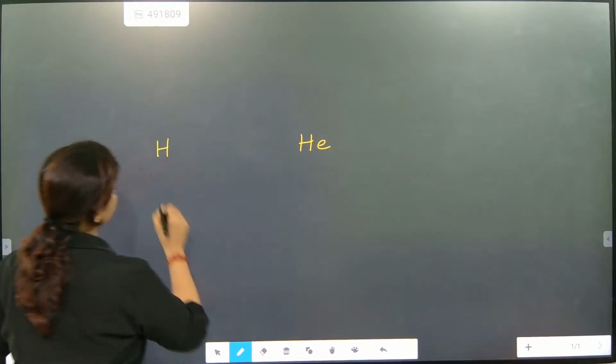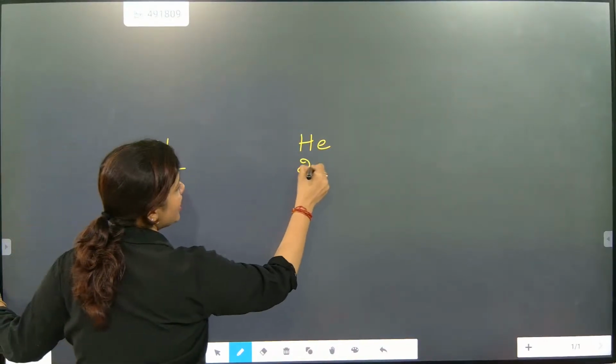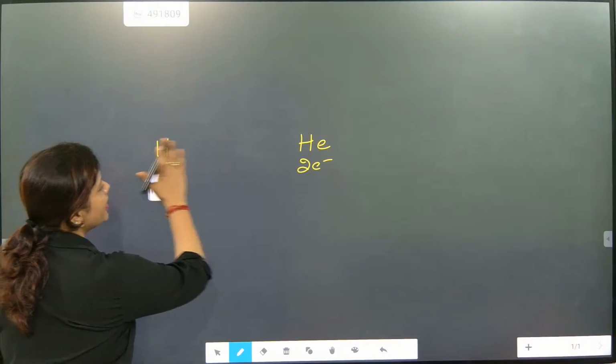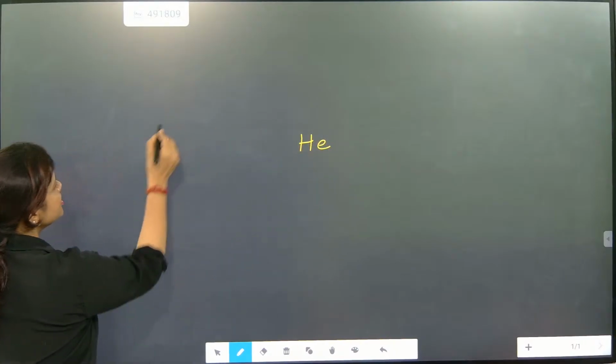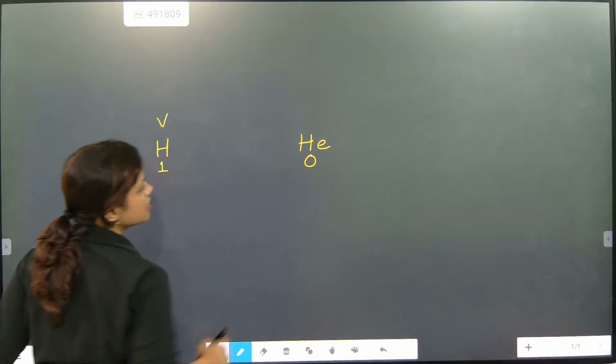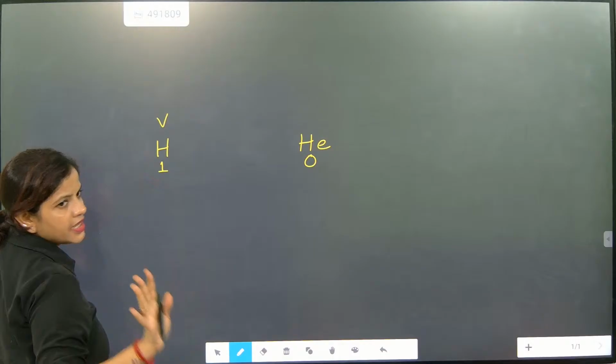Hydrogen, helium. Here 1 electron is there, and here how many electrons? 2 electrons. So what is the valency of hydrogen? The valency of hydrogen is 1. The valency of helium is 0, because in its outermost orbit it is totally satisfied.